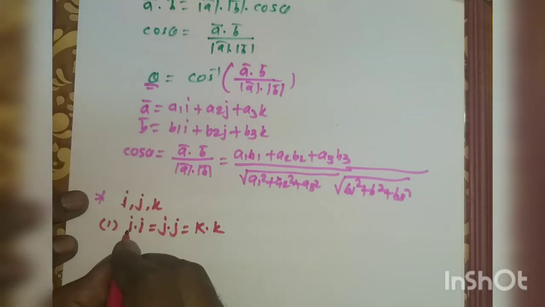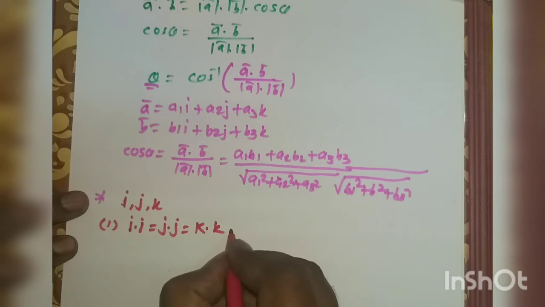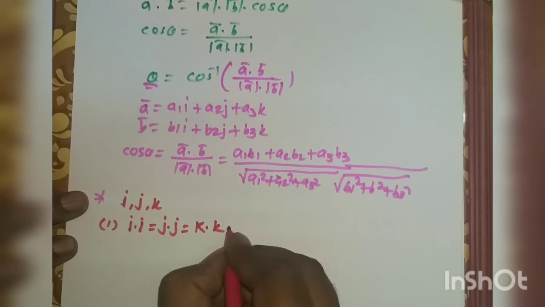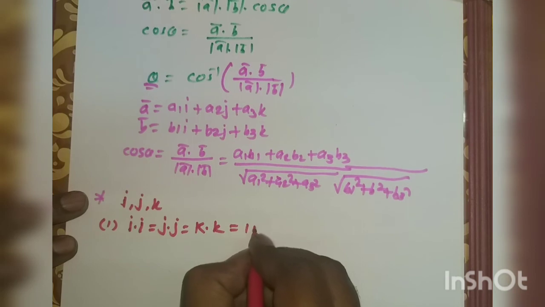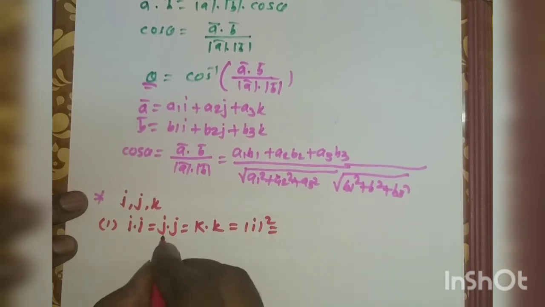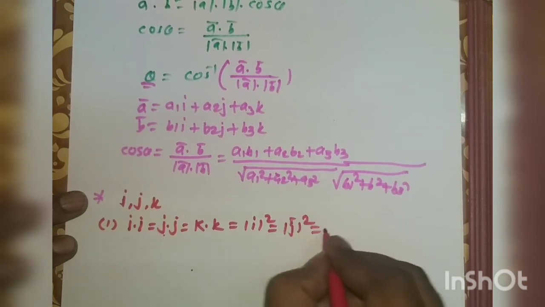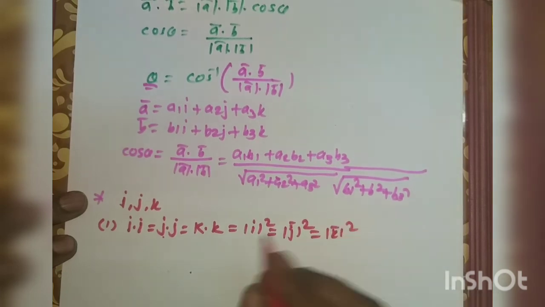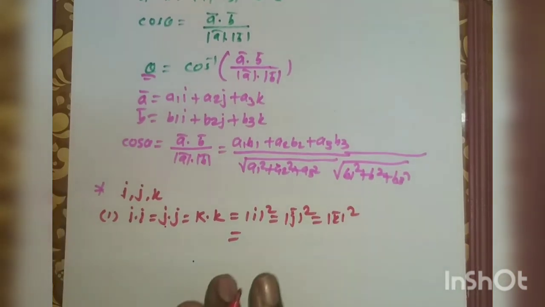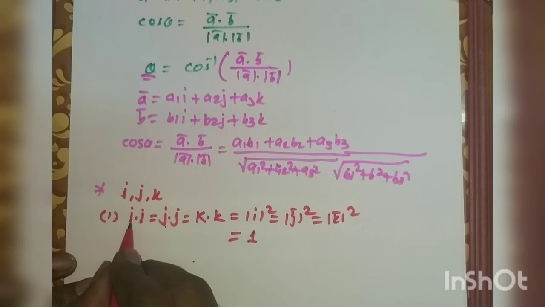Here the angle between i bar and i bar is 0, then its value is mod of i square is equal to mod of j square is equal to mod of k square. But i, j, k are unit vectors along the x-axis, y-axis and z-axis, therefore its value is 1. That means the dot product of i, j, k with itself is 1.